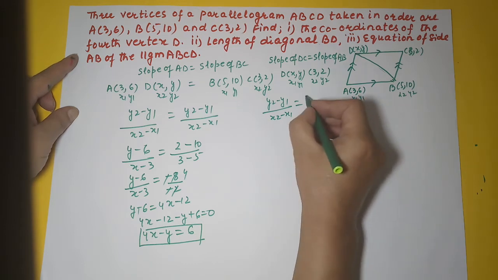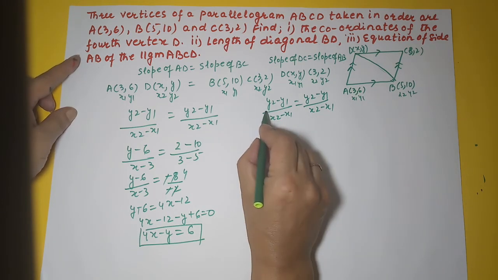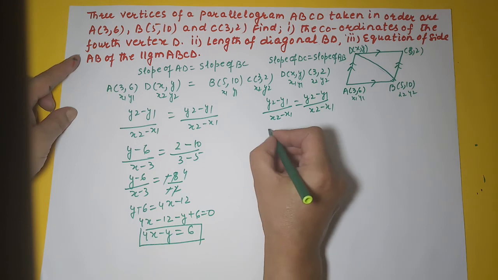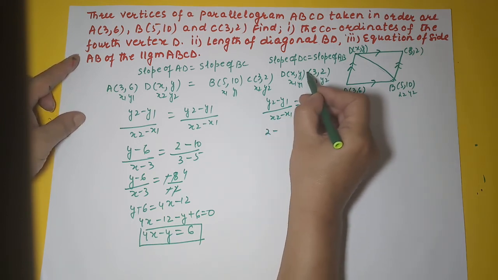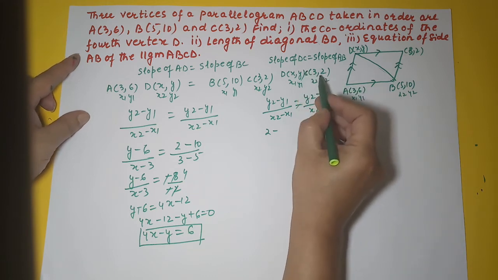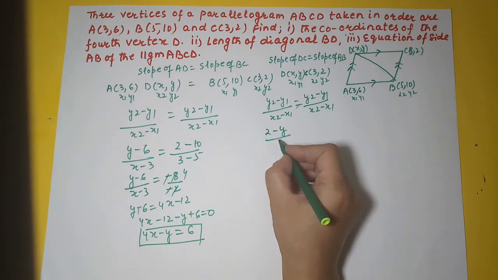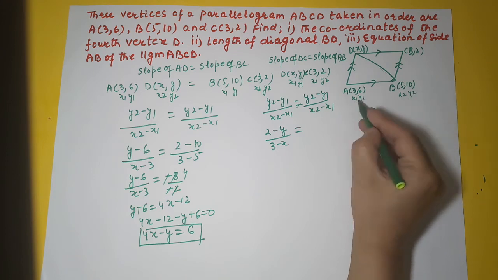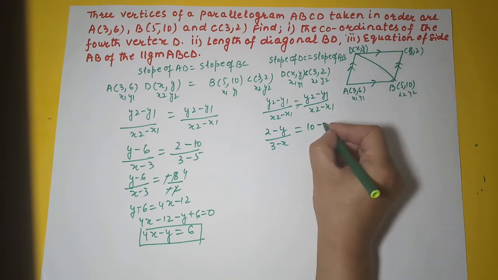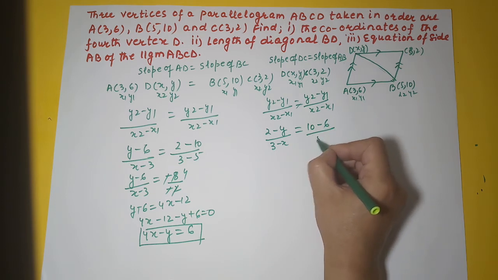So what is the slope again here? y2 minus y1 upon x2 minus x1. So you will have here y2 as 2 minus y, divided by x2, 3 minus x, equal to here y2 is 10 minus 6 upon 5 minus 3.